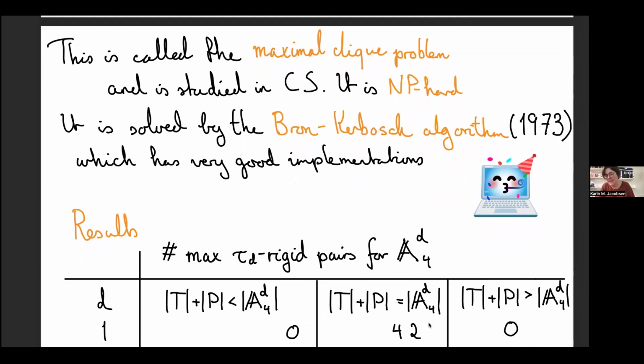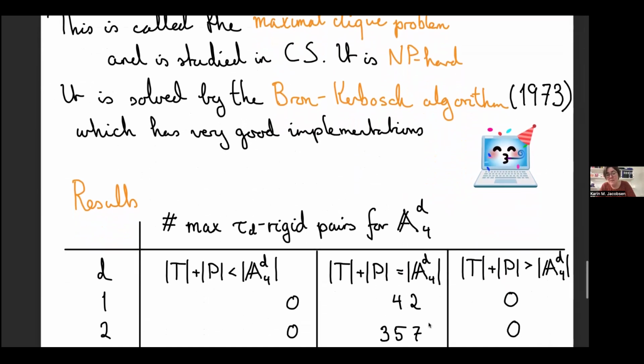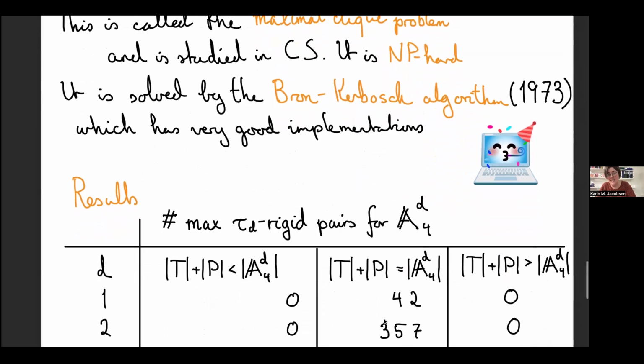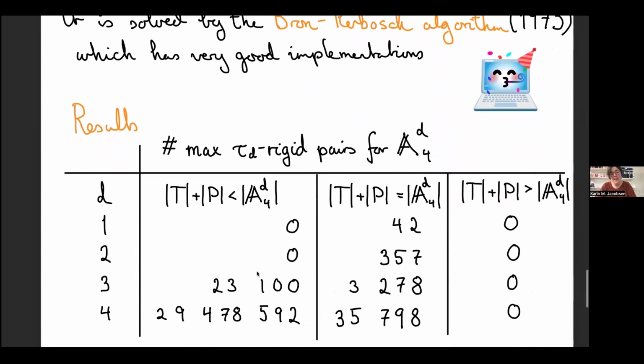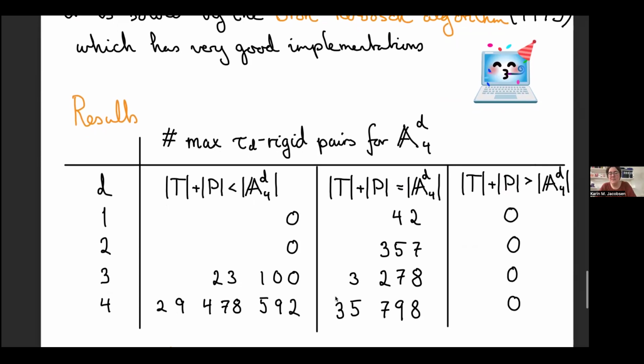I even have a Catalan number, so I'm happy. For D equal to 2, we still have that the maximal tau d rigid pairs all have the expected number of summands. But if I go to D equal to 3 or D equal to 4, there appear examples with too few, in scare quotes, summands. But there are never more.